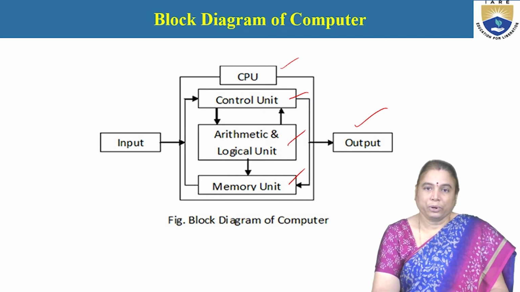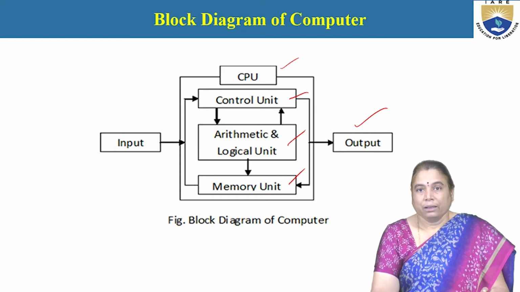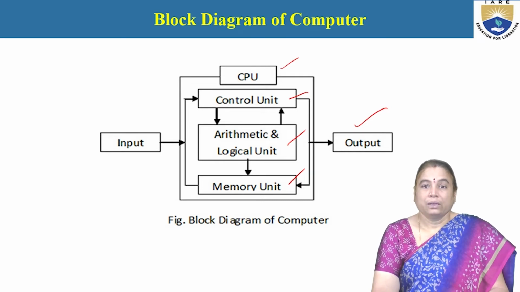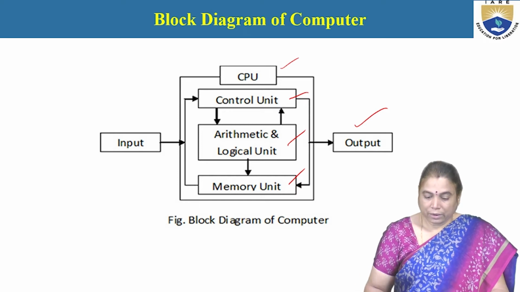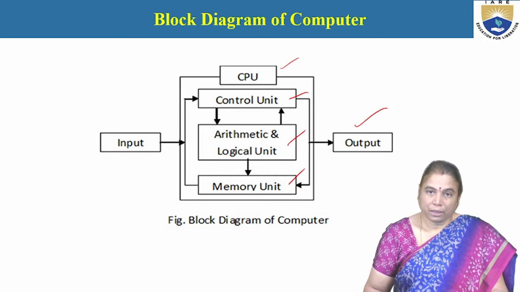A variety of output units are available like the printer, visual display unit, speakers. So all these are varieties of output units. The output unit provides computer to user interaction. So these are the basic functional units of the computer.